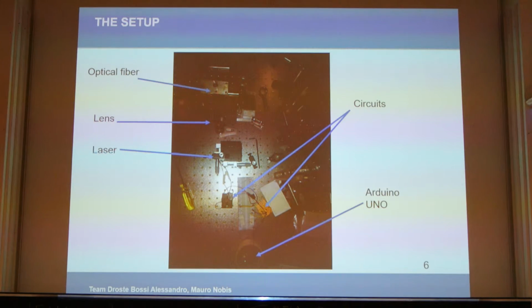The second one is the Arduino Uno board, which is useful because it has a sampling frequency of 10 megahertz, way above what we needed. And the third element is that we used roll tape to isolate the Arduino Uno board from the optical table. That's because the optical table was a conductor of electricity, and it risked frying our Arduino board.